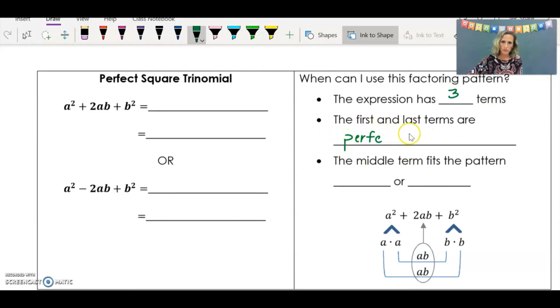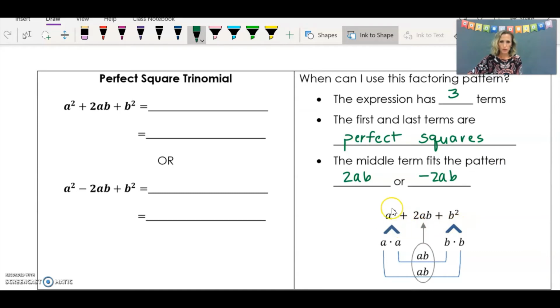And it may be a perfect square involving variables or integers. But the first and last term will be perfect squares. And then the middle term fits the pattern of 2ab or negative 2ab.